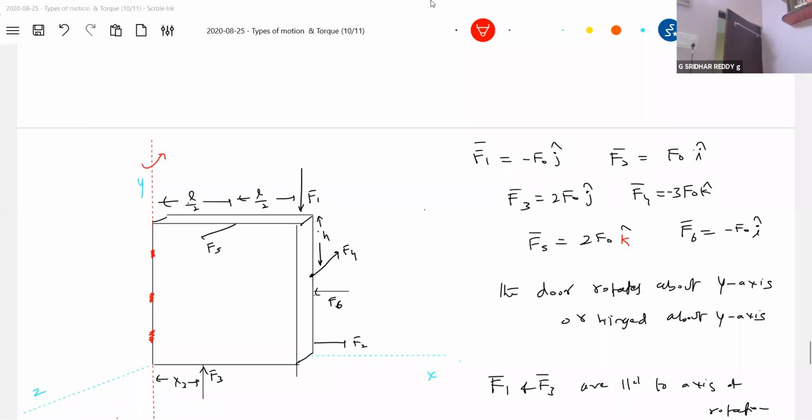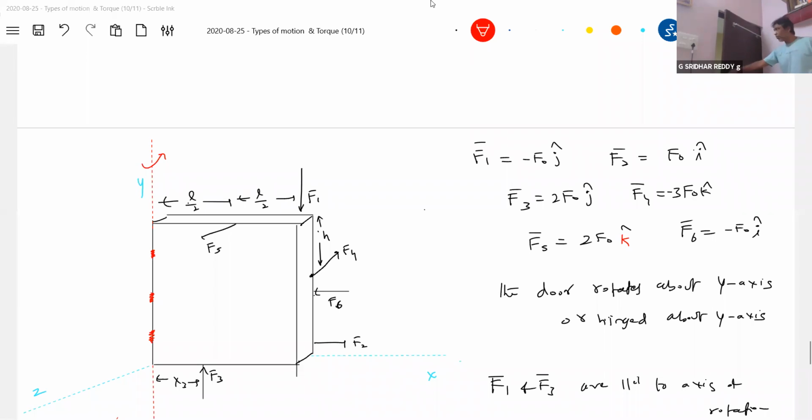This is the hinge, no? This particular thing will be the hinge. So the door is going to rotate about that y-axis.